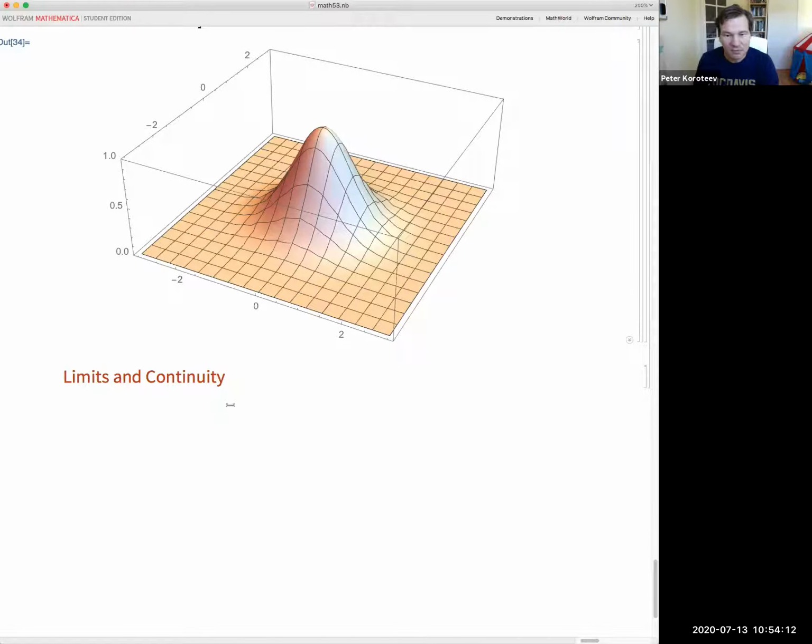So how would you define continuity? First you need to define the limit of the function.